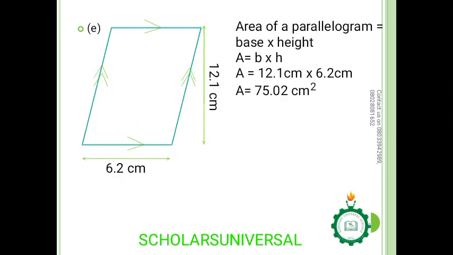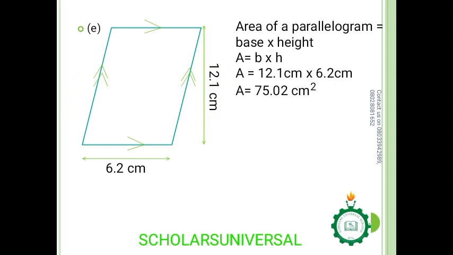Alright, area of a parallelogram. For parallelogram, the two opposite sides are equal. So where you have 6.2 centimeters, it is also 6.2 centimeter here. As the height is 12.1 centimeter, it is also 12.1 centimeter here. But the formula for finding area of parallelogram is base times height.